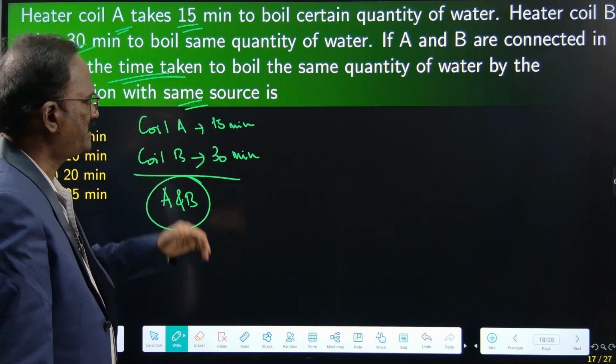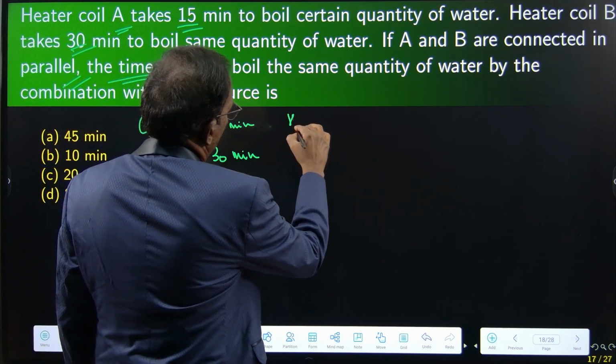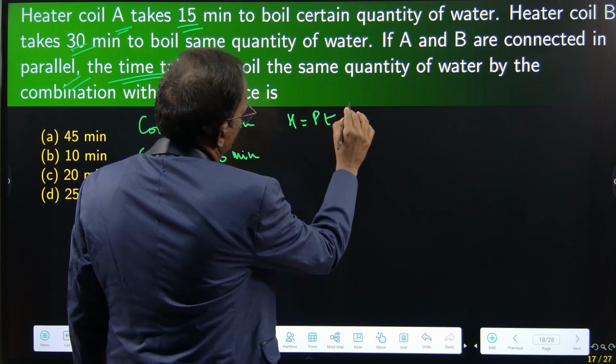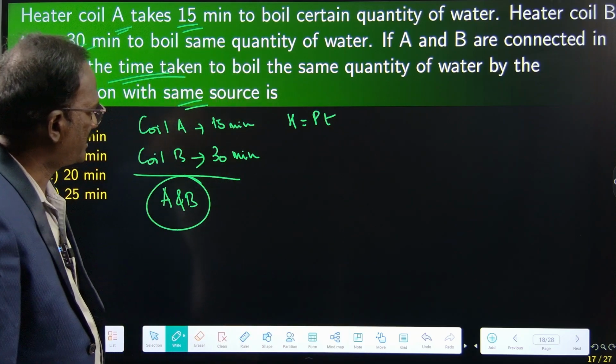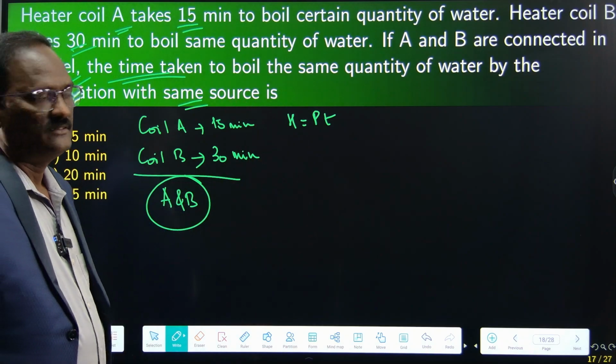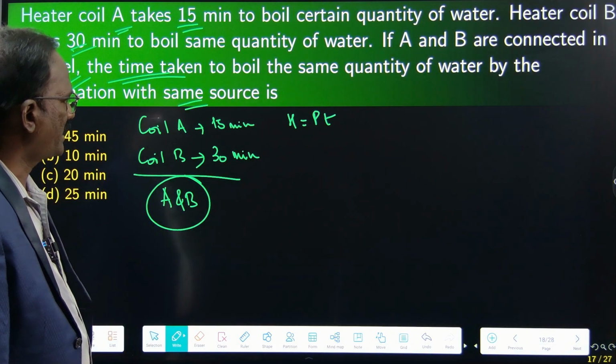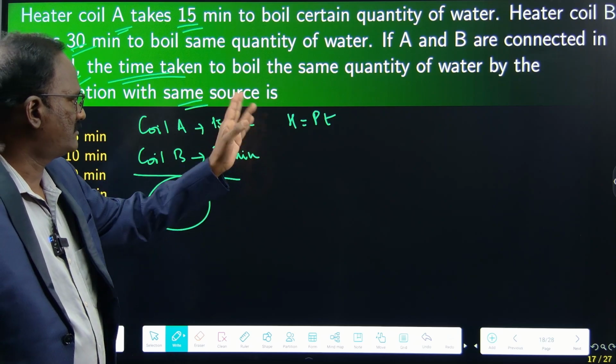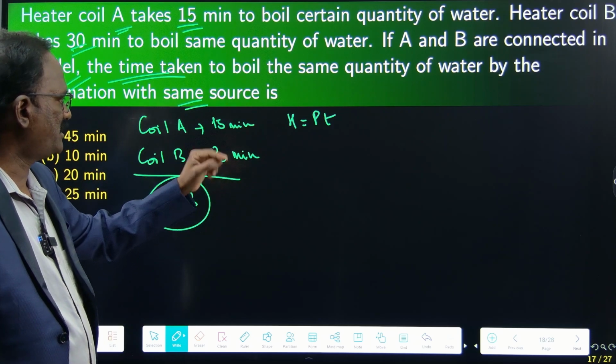Time is given, so H is equal to power into T. This is the formula we can use here. Time is related with heat by the factor power. H is equal to P into T. H is common in both cases, and the time is varying.